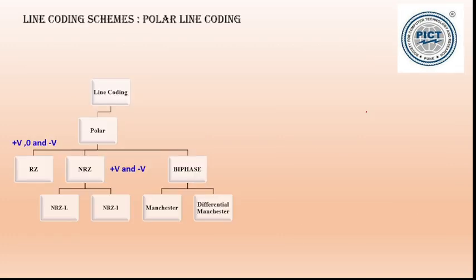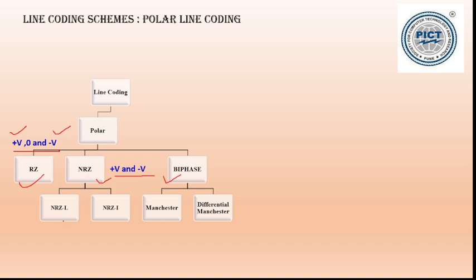Next line coding scheme is the polar line coding scheme. This polar line coding scheme is again categorized into 3 types: return to 0, non-return to 0 and biphase. In the return to 0 it is using the voltage levels plus V and minus V. In NRZ, it is again using plus V and minus V. It is passing through 0 here for return to 0.